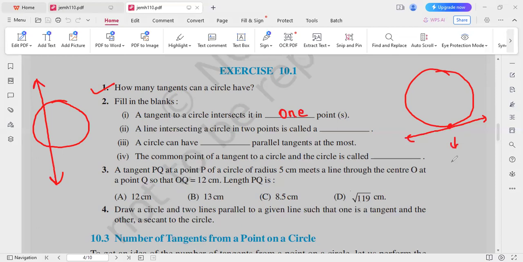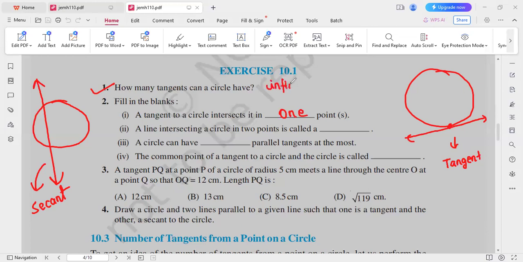This is called a tangent, right? Because it is touching the circle at 1 point. The line which touches the circle at 2 points, we did it in today's class also. It starts with S. Is it not secant? Yes, Manya. Secant. Do you agree? Secant will be the answer?